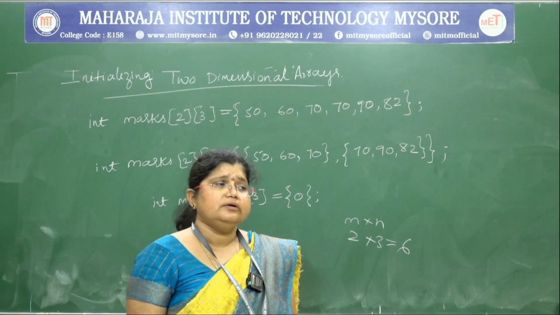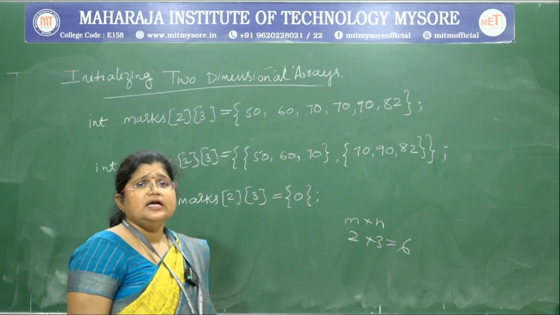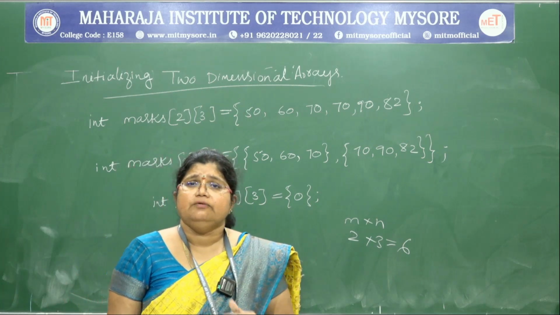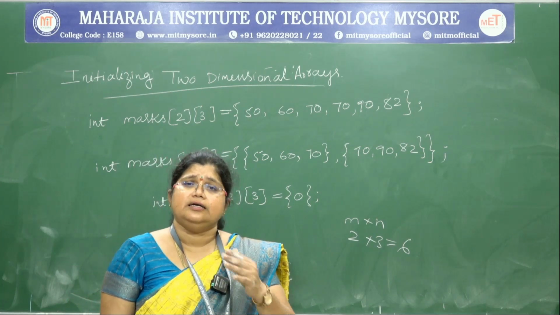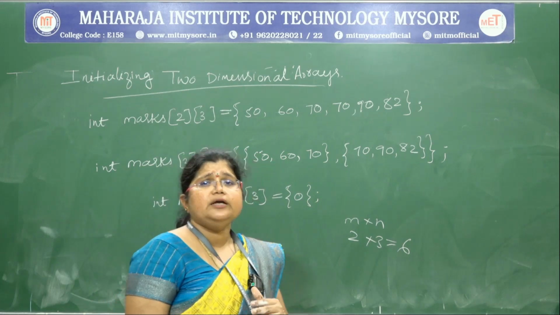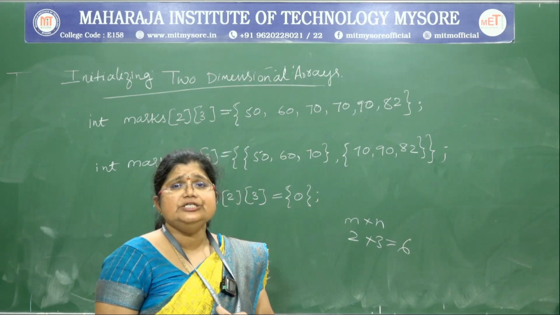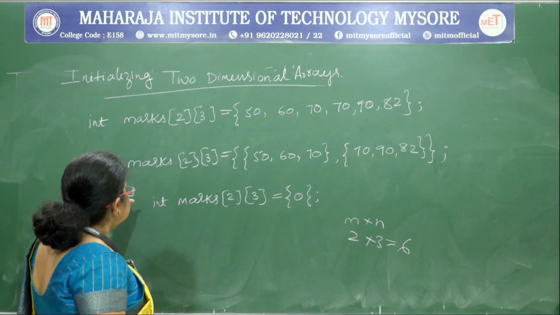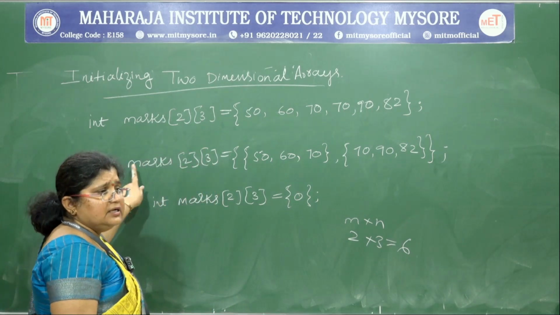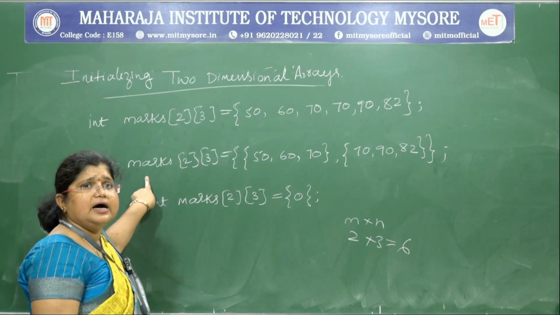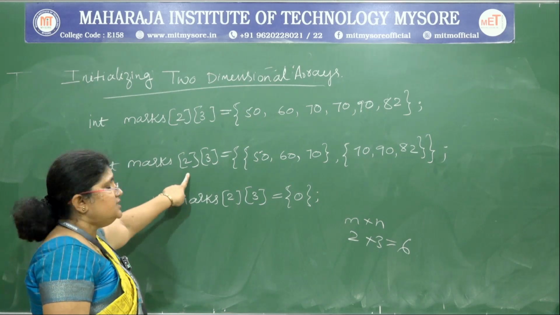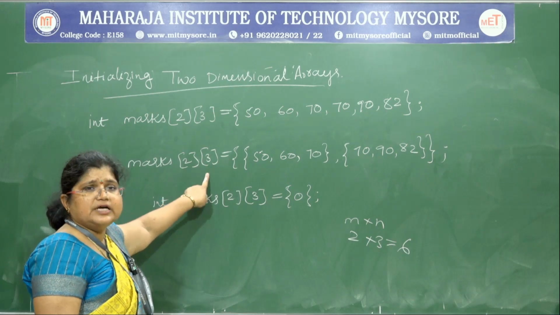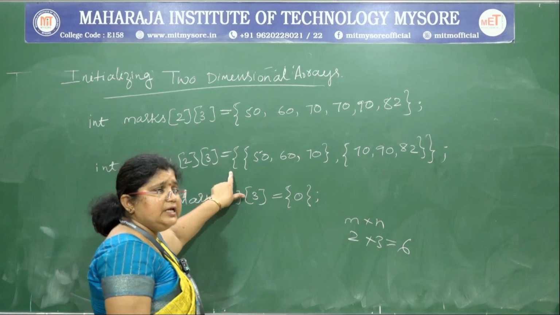The next way is how we can initialize it in a row by row manner. We have to indicate the first row and next the second row. This row by row manner of initializing the values is in this format: in the same manner, int data type, the name of the array, the size of the row, the size of the column, and next how many rows there are.